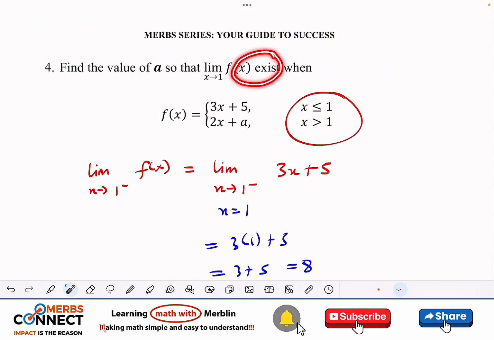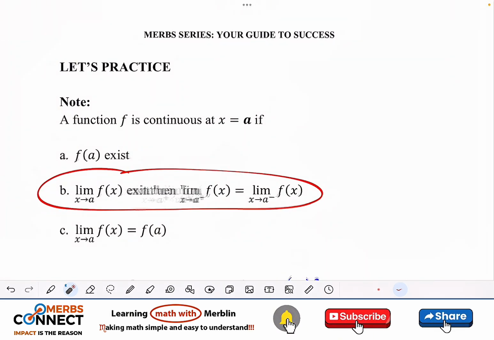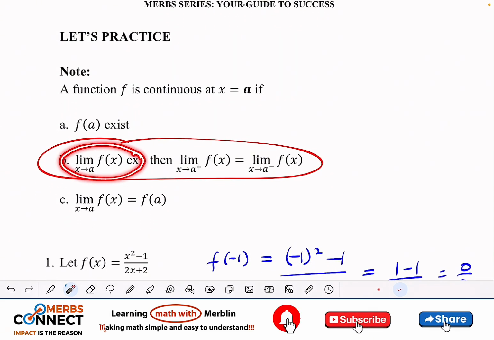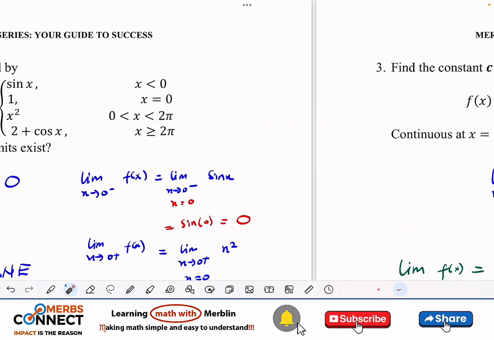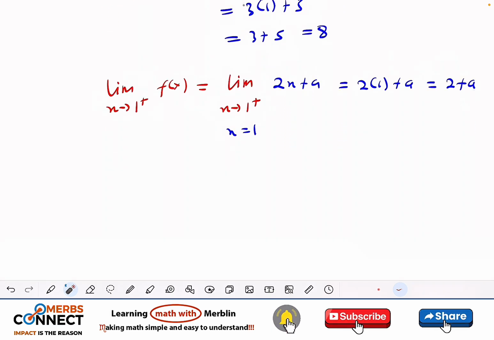If this exists, it means that the left and the right are the same. Because for us to conclude that this limit exists, as we saw from the rules, the left and then the right are the same. So that is what we just need to deal with here.